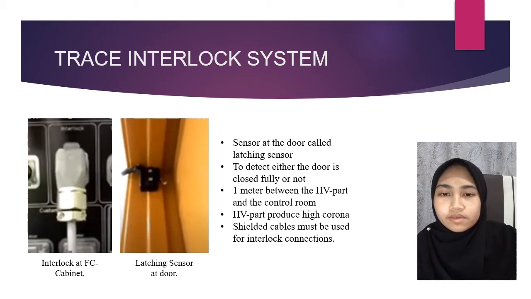The gap is 1 meter because the Haefely part produces high corona. Shielded cables must be used for the interlock connection. This is the figure of the interlock at the FC cabinet, and this is the latching sensor at the door.